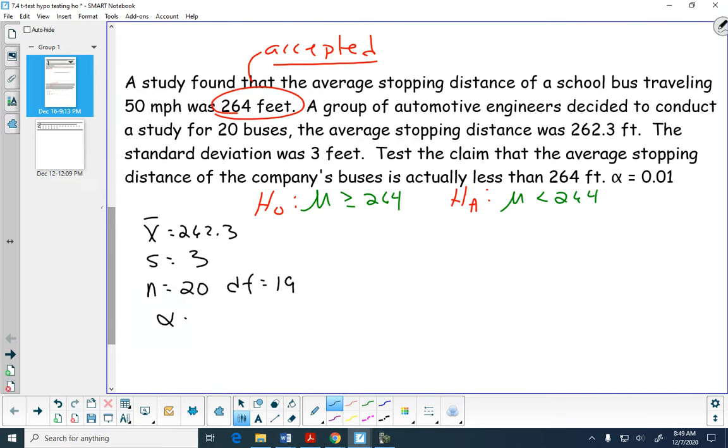And we have an alpha value of 0.01. Let's get our bell-shaped curve in there.